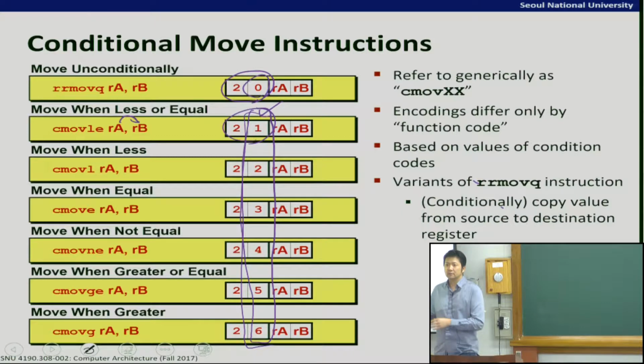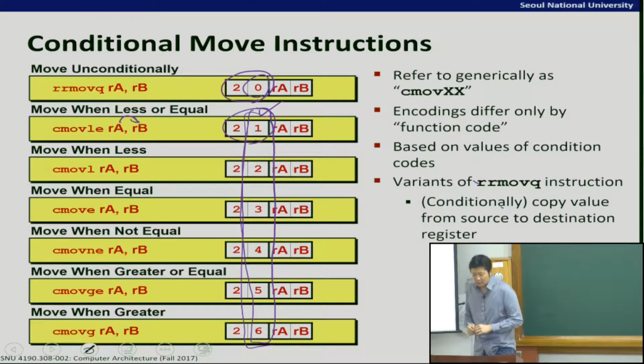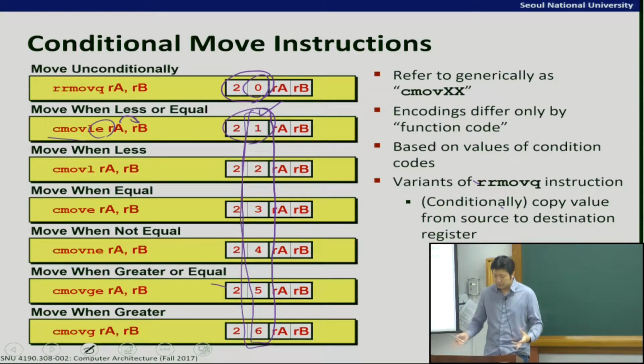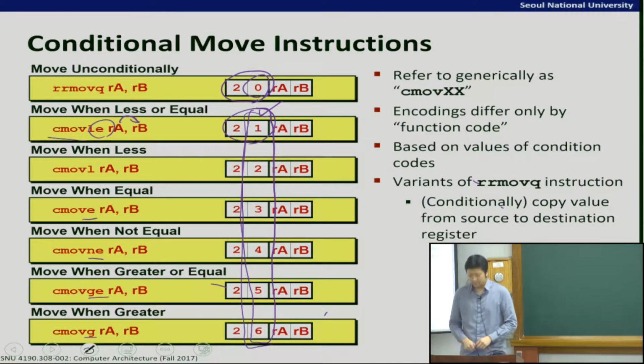These instructions will be executed only if a combination of flags becomes true. There's move when less, move when equal, move when not equal, move when greater than or equal, or move greater. There are some different combinations.